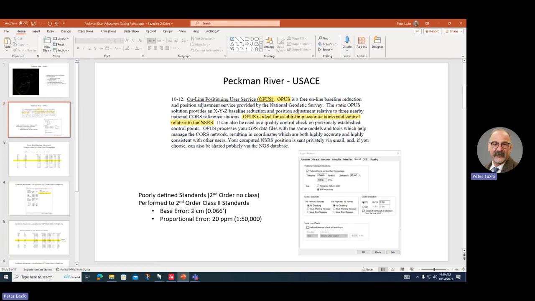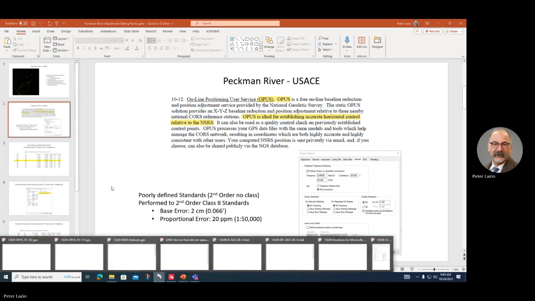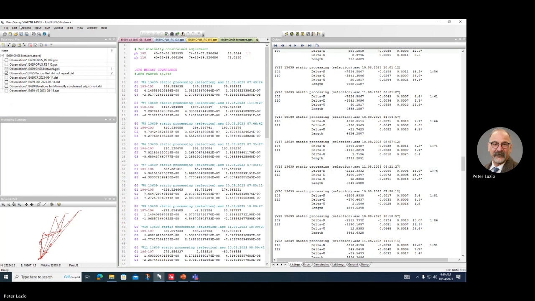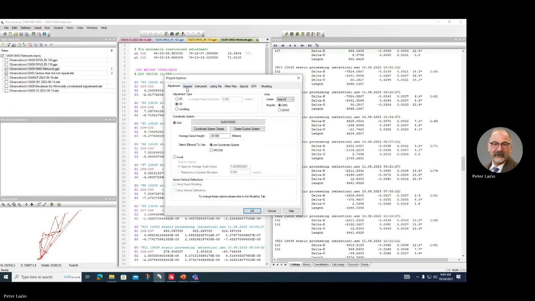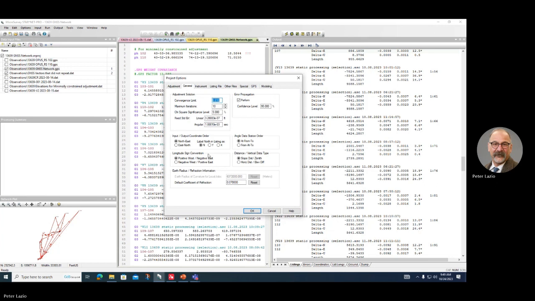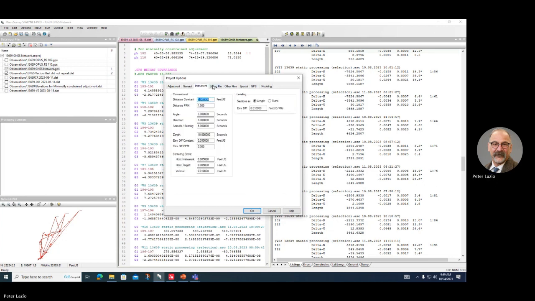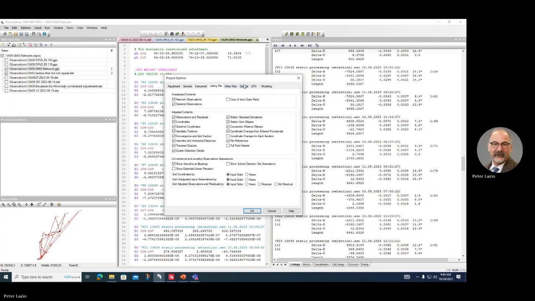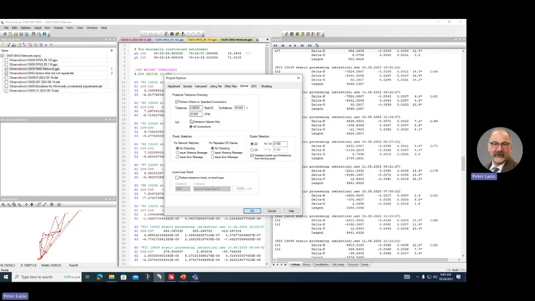So you have a baseline, a base error of 2 centimeters, 1 to 66,000 at 20 parts per million. You set that in StarNet, in your options. 66,000 at 95% confidence interval for 20 parts per million, and I did it for all connections.